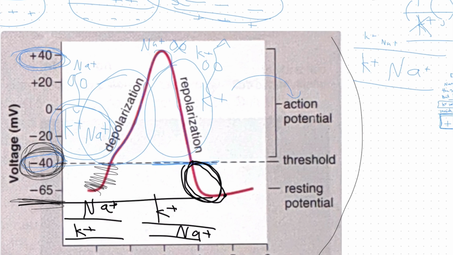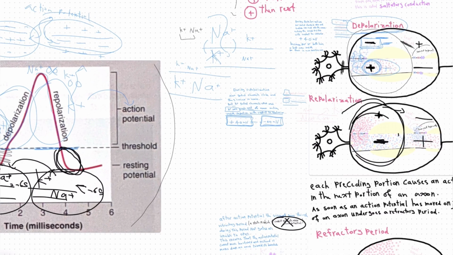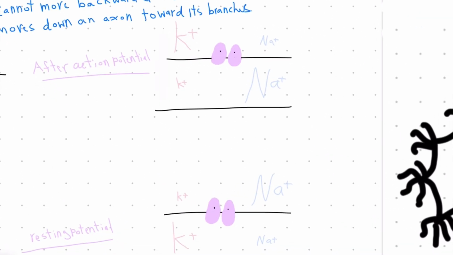So in order to move from less than negative 65 to negative 65 millivolts, we need the action of the sodium-potassium pump. It moves potassium inside and sodium outside by using ATP. So this is after an action potential: potassium concentration is higher outside and sodium is higher inside.